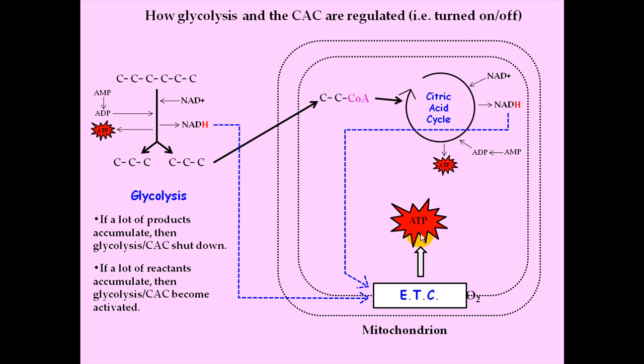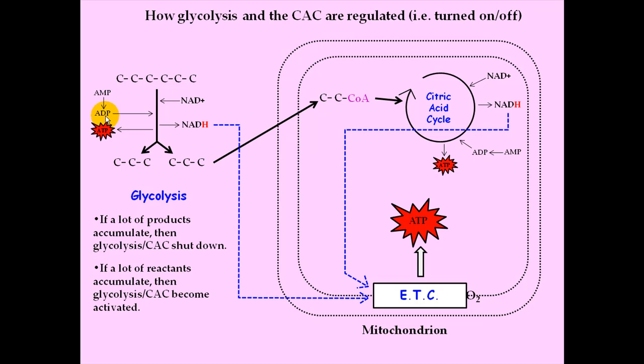Because whenever a cell uses ATP, it removes one of the phosphate groups from it. That releases a lot of energy that the cell uses to power a certain activity, and then it leaves behind an ADP molecule. So again, ADPs are indicators that ATPs have been used up.